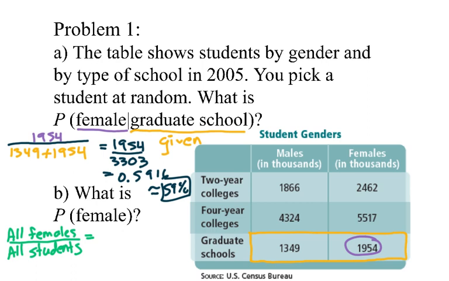So if I add up all of my females, I should get 9,933 over all of the students, which is 17,472. So when we divide this, we get 0.5685, which is approximately 57%.